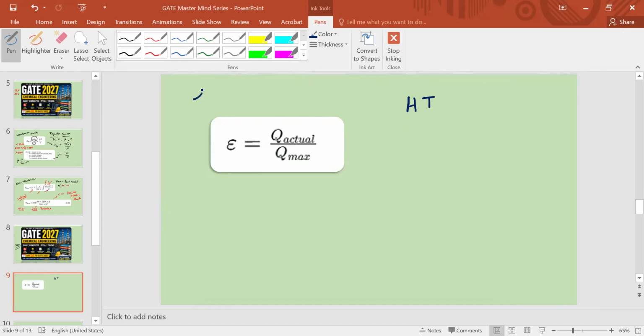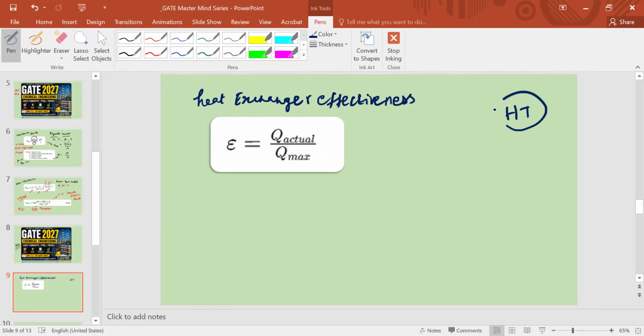Heat exchanger effectiveness. Let me take this out so that it will be clear for you also. Heat exchanger effectiveness. So this is the concept in the subject heat transfer.